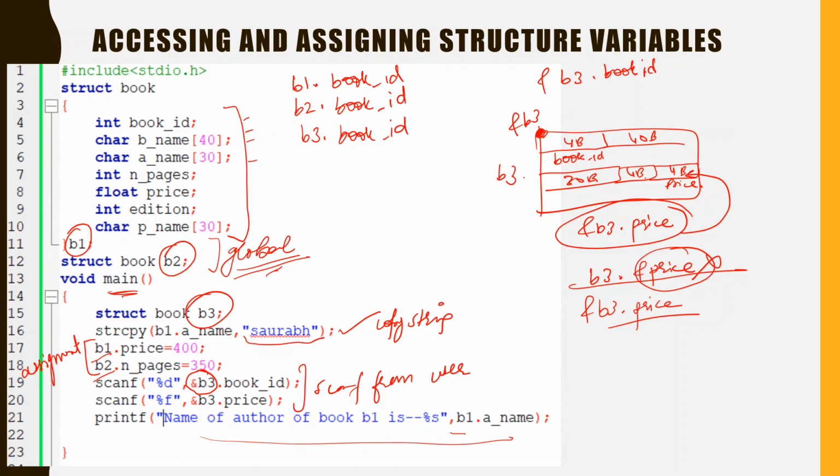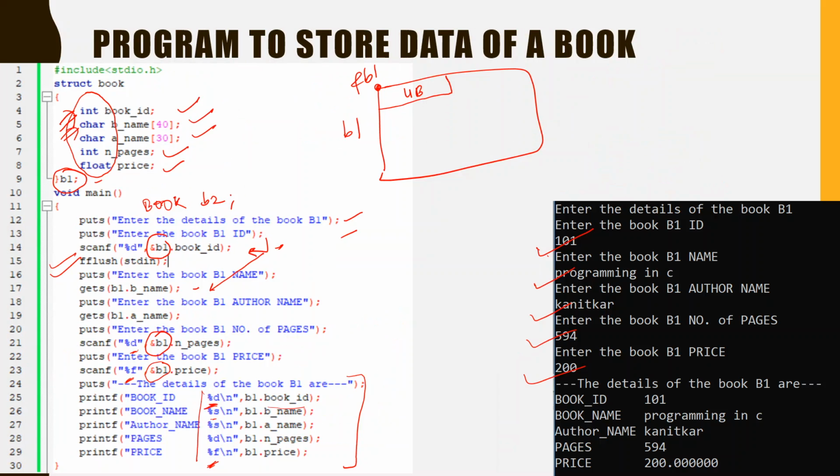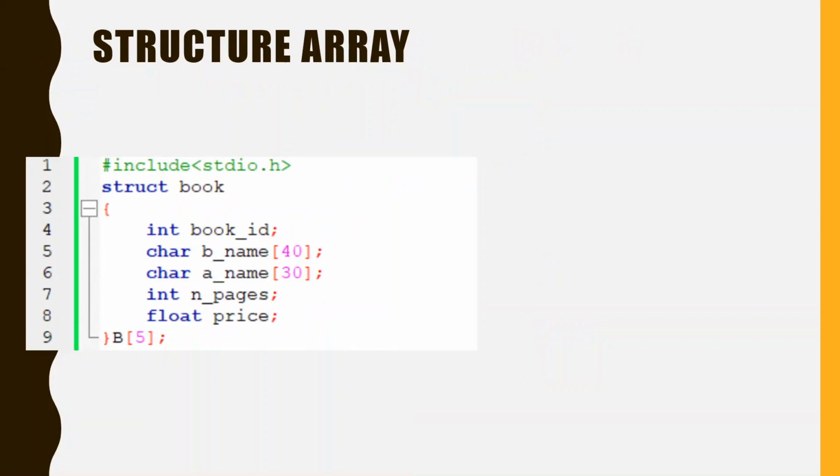Then we saw how to access the variables of the structure and how to make global variables and local variables of the structured data type. And then we saw how to store data of a particular book with the structure program in C programming. Now in this video we will see how to create structure arrays.